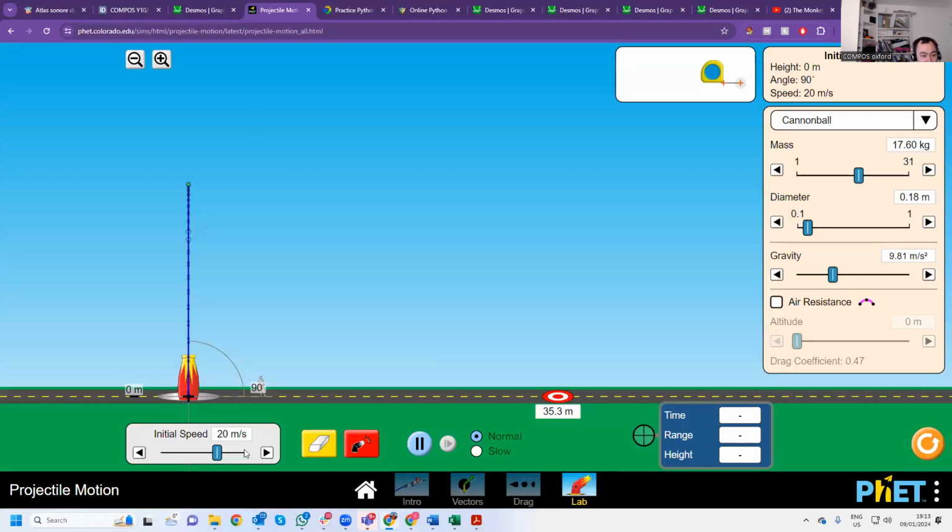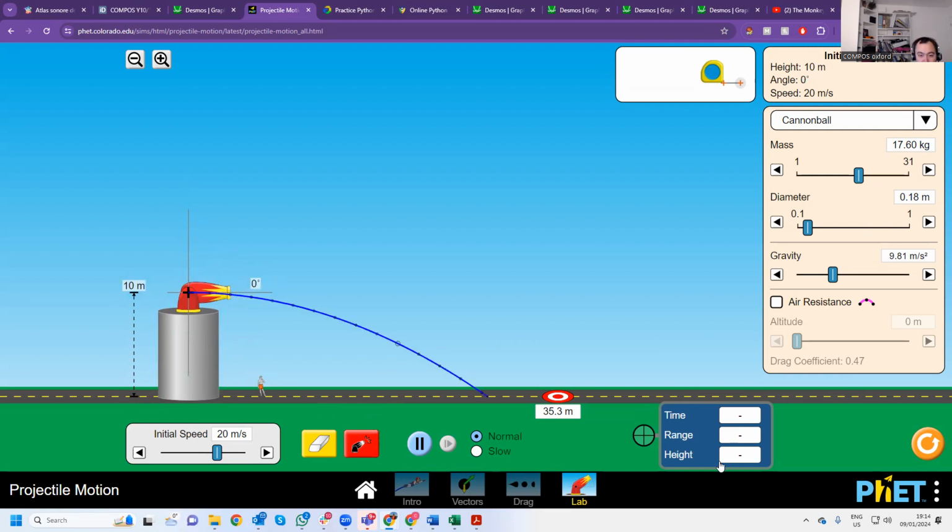Because if you are not shooting from the ground, let's do an experiment. Let's say we're shooting from 10. I kind of get the feeling, okay, let's go slower.